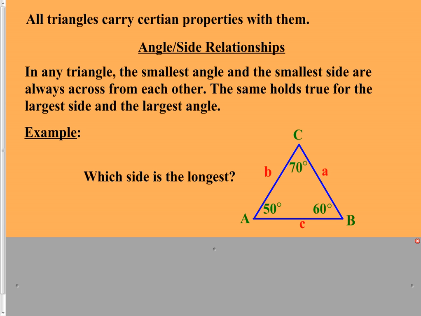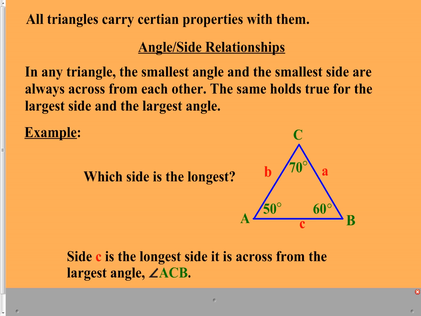But angle ACB is the largest angle in the triangle. Across from it is the side marked with the little lowercase c. That should be the largest side because it is across from the largest angle, angle ACB. So side c, or you could also call that line segment AB.